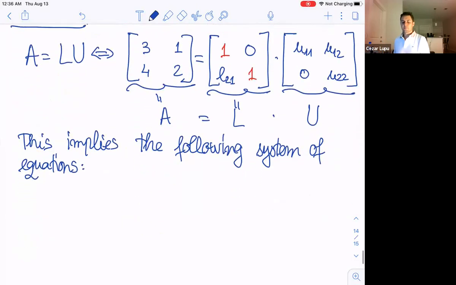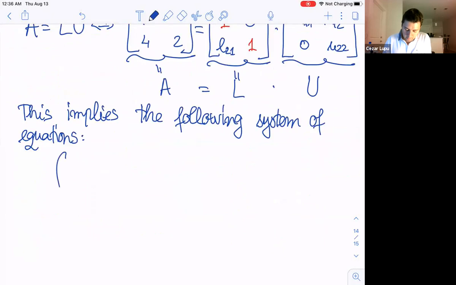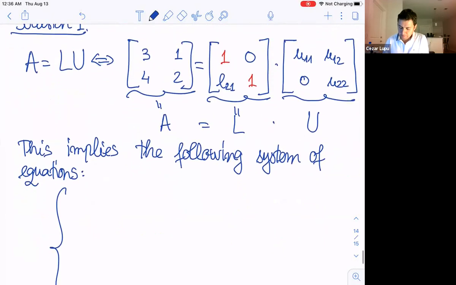Okay, let's see. All right, let's look at it. If we multiply L and U, just like I said, we have that U11 will be 3. Then U12 will be 1.